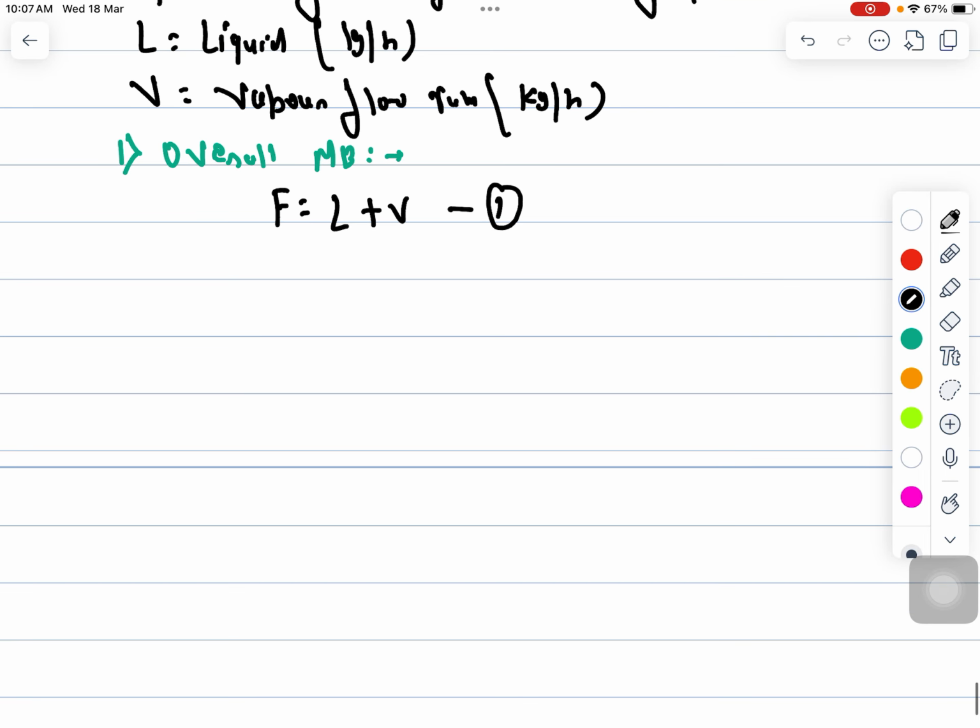Now if I do the solute balance, I can write F into xF equals L into xL plus V into xV.